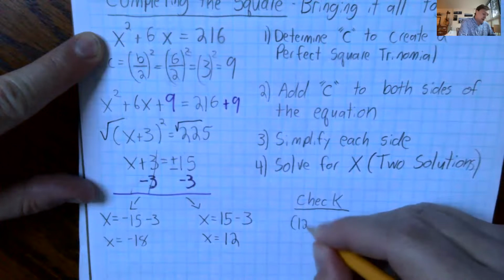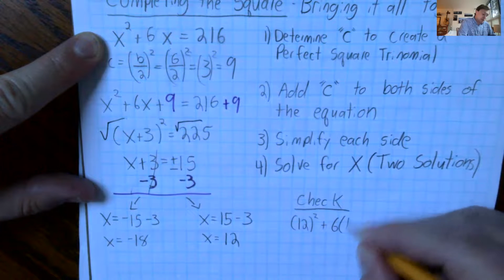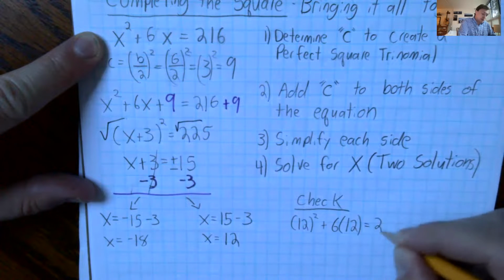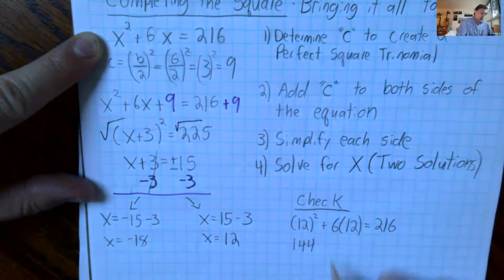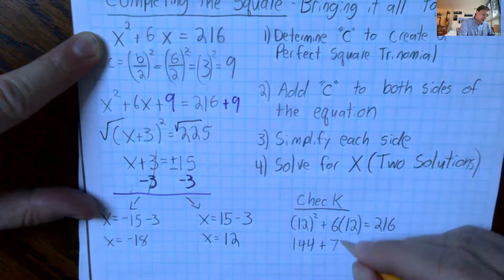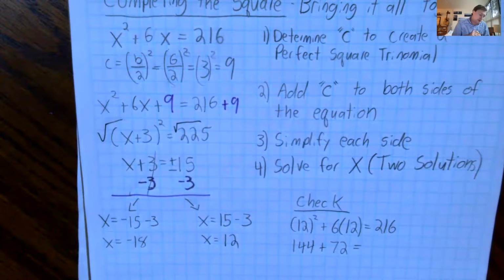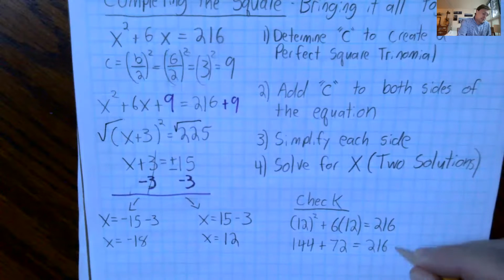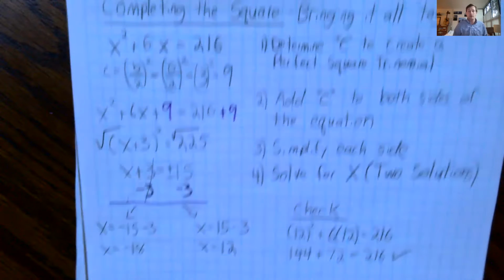So I'm going to get 12 squared plus 6 times 12 equals 216. 12 squared, that's 144. 6 times 12, that is 72. And if I add those two together, yes, I'm going to get 216. Check. And that would be the same case if I plugged in negative 18.